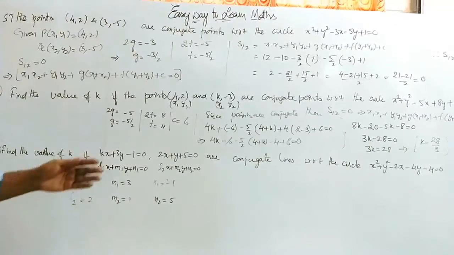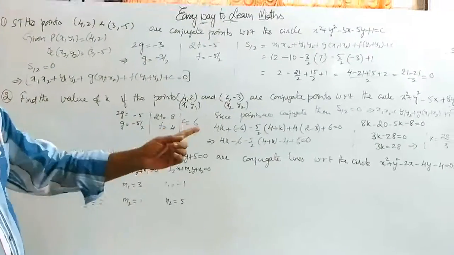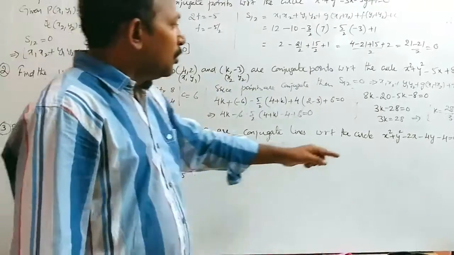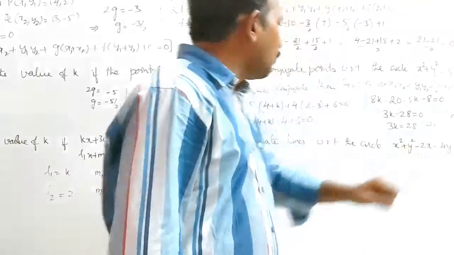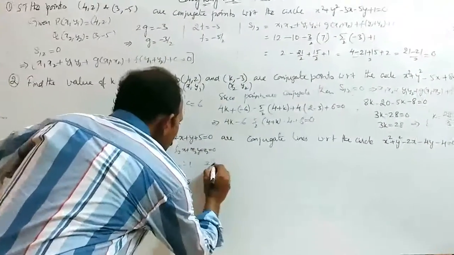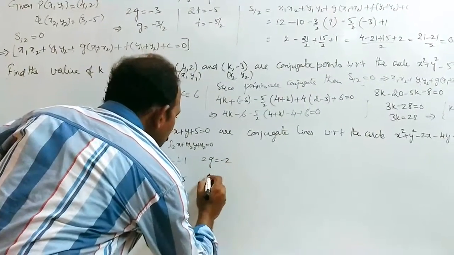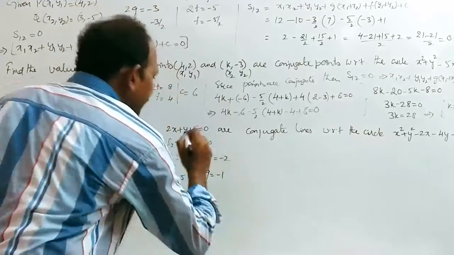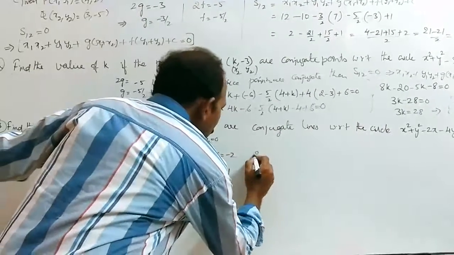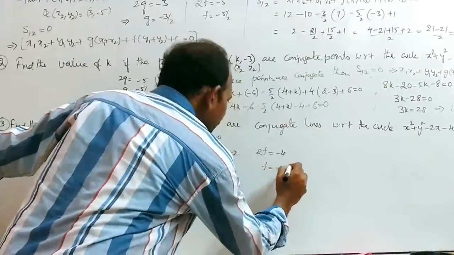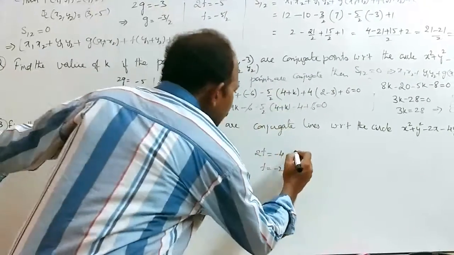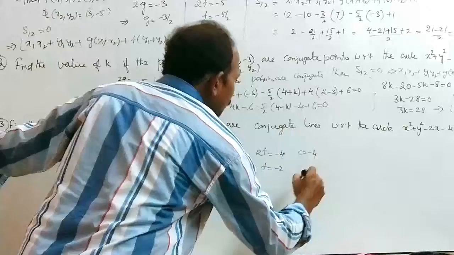Now again let us find the values of g and f also. Here 2g is equal to minus 2, therefore g is equal to minus 1, and 2f is equal to minus 4, then f is equal to minus 2, and c is given as minus 4.